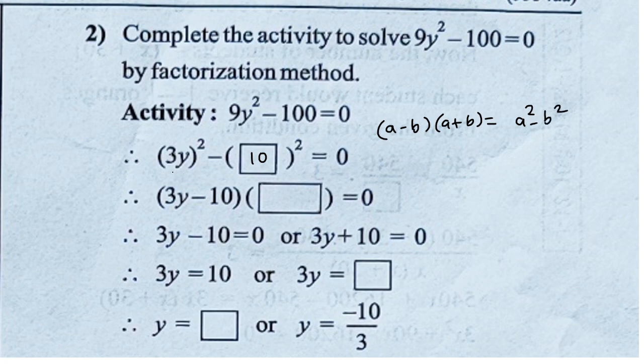Here a is 3y and b is 10. Therefore in first bracket, one factor is 3y minus 10, another factor is 3y plus 10. It is also given here.